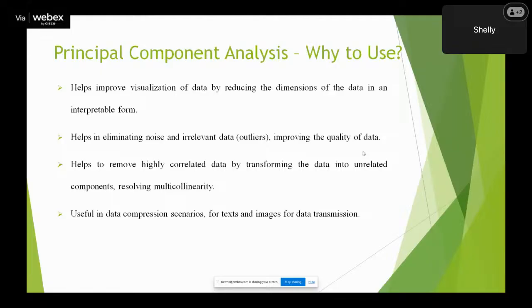If I'm simply talking about general sharing on WhatsApp, usually the image is compressed and then transferred, unless I apply certain techniques to share it in the same format as without the data compression. So we usually say, okay, please email so that the quality of the images should be intact. So that is why we can use PCA for these data compression scenarios.